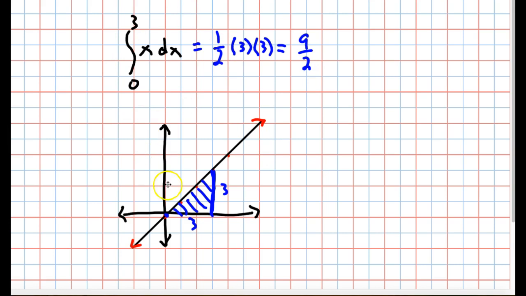So the area under y equals x from 0 to 3 is just the area of this triangle. We can use other geometric shapes other than a rectangle to find the exact area. Now this is the exact area, not an approximation. Sometimes we are able to use geometric formulas to find exact areas.